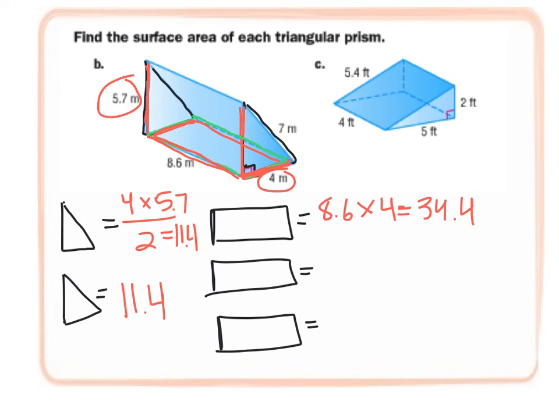Now I want to do this side one right here. I'm going to do that one in green. Okay, and I want to see the length and the width of that, and I see the bottom part is 8.6, and the height is one of these two, so 5.7. So 8.6 times 5.7 equals 49.02.